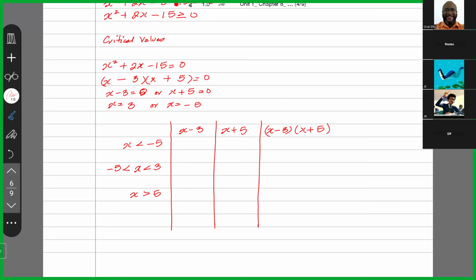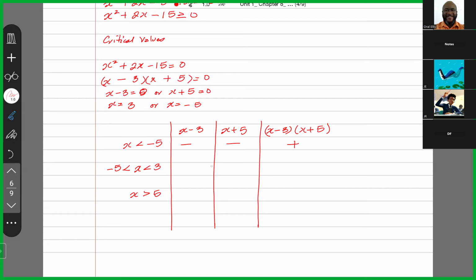Now, if x is less than minus 5, for example if x is minus 6, x minus 3 would be negative. If x is minus 6, x plus 5 would also be negative, and negative times a negative is a positive.